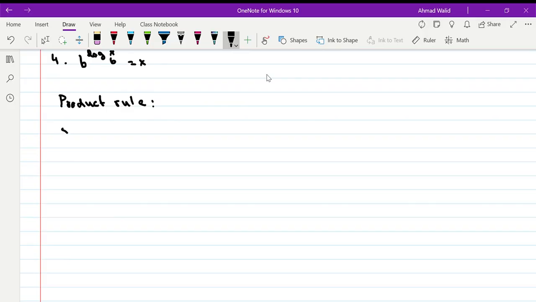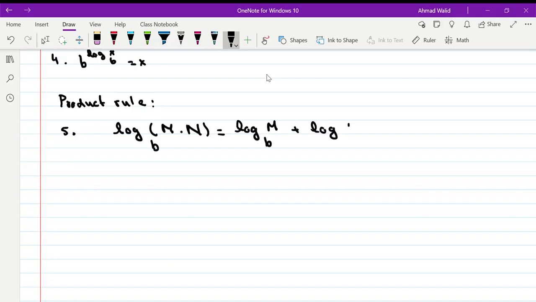You should learn it as rule number 5. If I have log of m times n base b, a product between two positive numbers, I can rewrite this expression as log of m base b plus log of n base b.